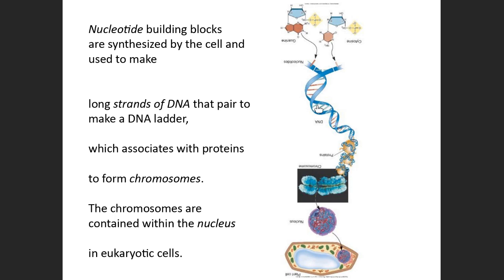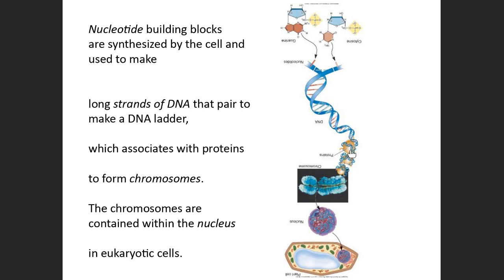Now we have these really long strands of DNA. In fact, they're so long that sometimes you can see them in electron micrographs. They're really, really long and string-like. But if you're talking about a eukaryotic cell, which we often are in this class, because eukaryotic genetics is slightly more interesting than prokaryotic genetics, the DNA is going to be wrapped around a bunch of proteins to make it shorter.